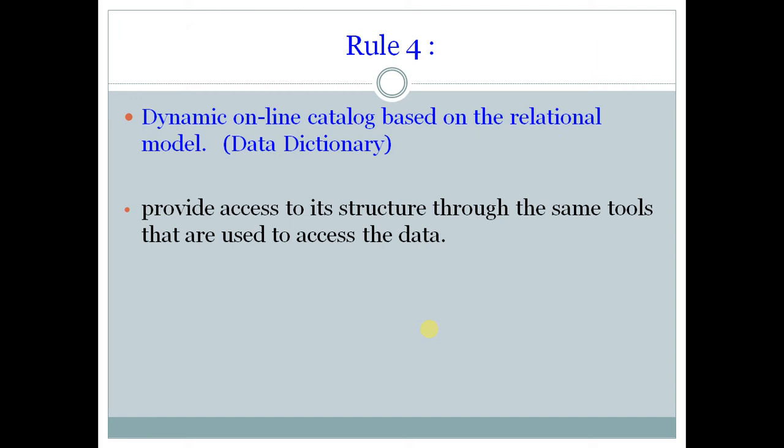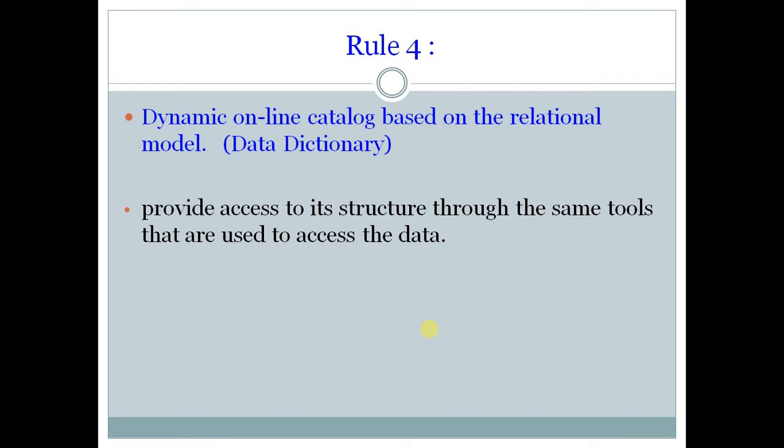Now this rule says that every RDBMS must support an online catalog, which is also known as metadata. And the role of metadata or data dictionary is to keep all the information of the RDBMS in the form of tables only. In other words, whatever information Oracle keeps in the database, it is kept in the form of tables only.